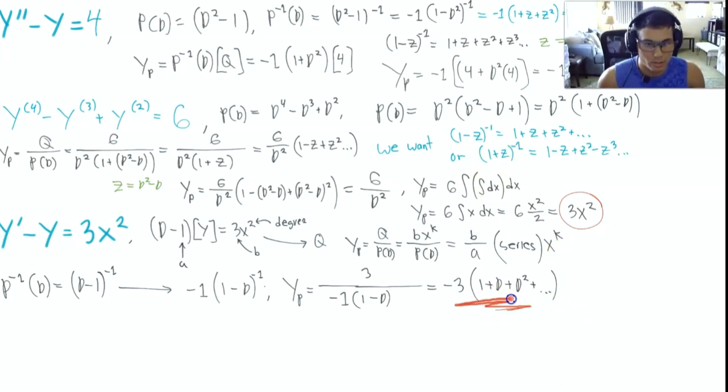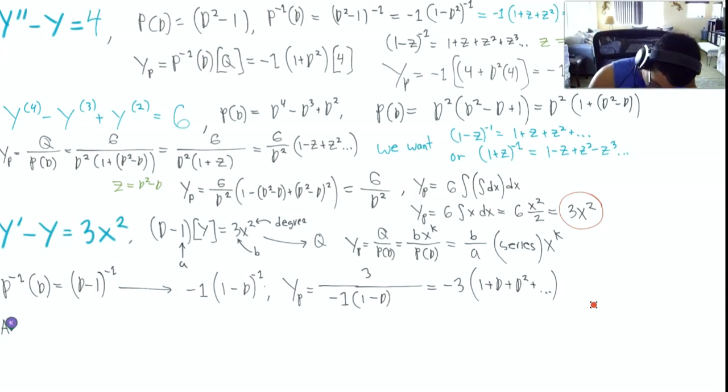Okay, so now we're actually at something that we can do, right? What does this mean? Okay, well, what this means is apply xk into d.